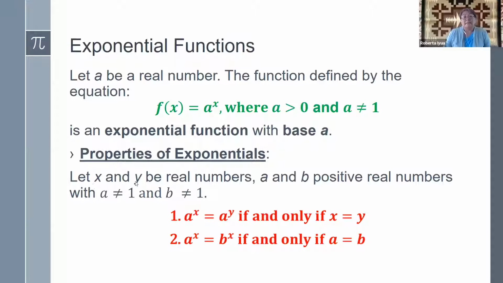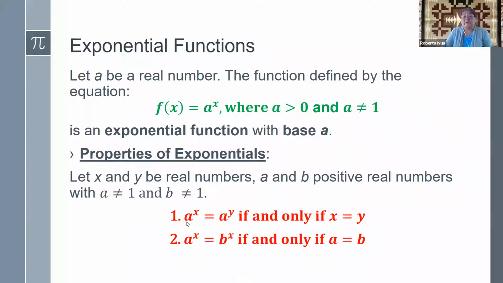Let x and y be real numbers, a and b be positive real numbers, with a not equaling 1 and b not equaling 1.